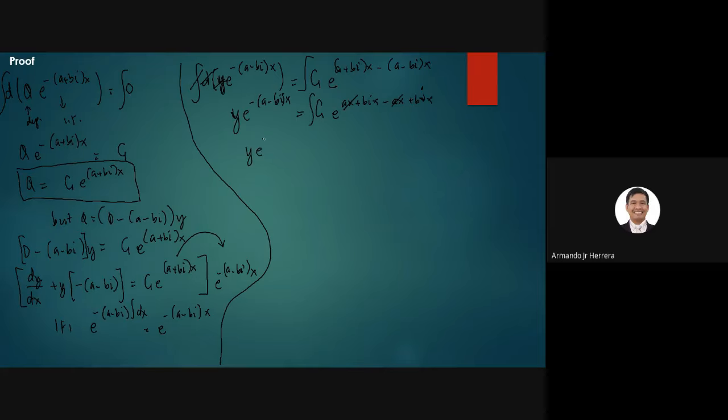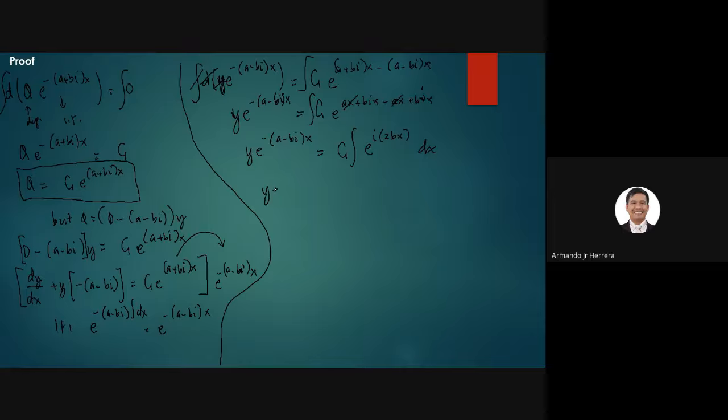So magiging y e to the negative quantity (a minus bi) of x is equal to c1, put that outside, integral of e to the bix plus bix is i times 2bx. That is our integrand now.